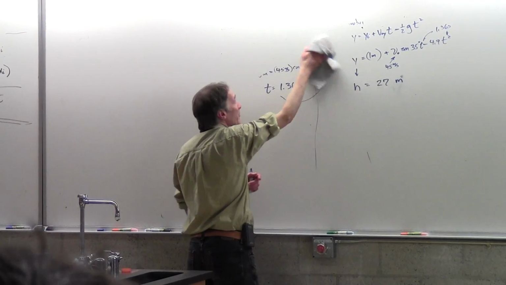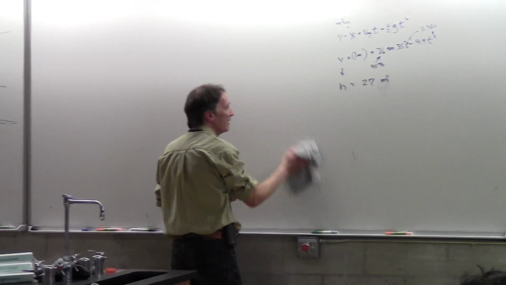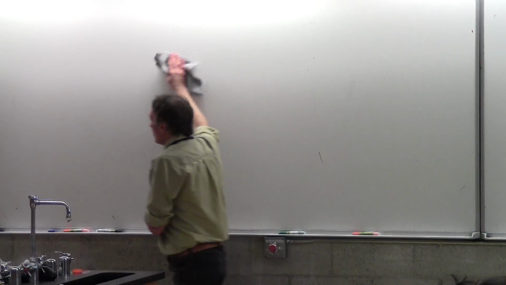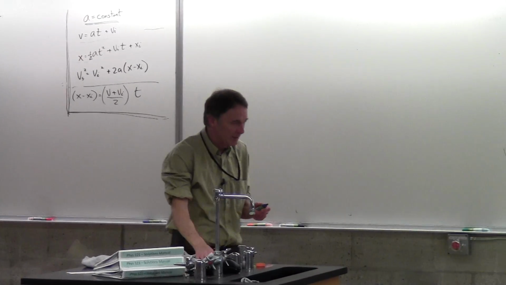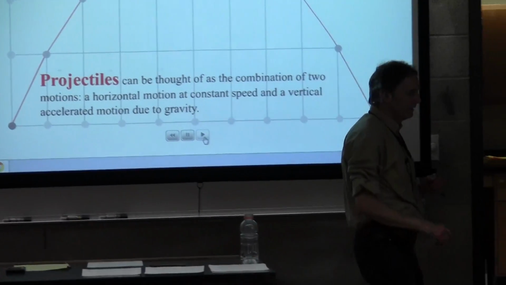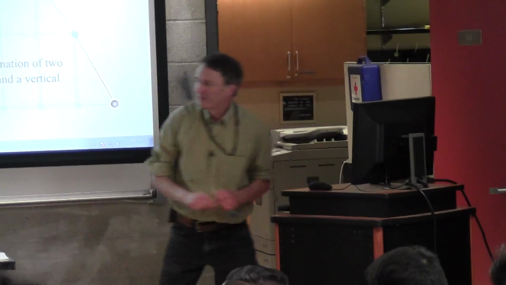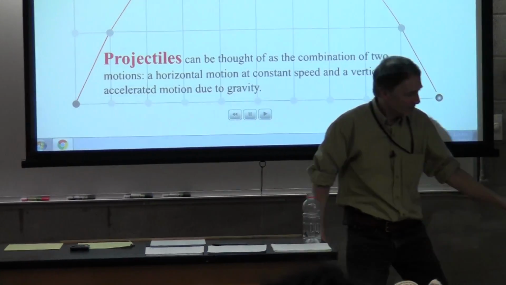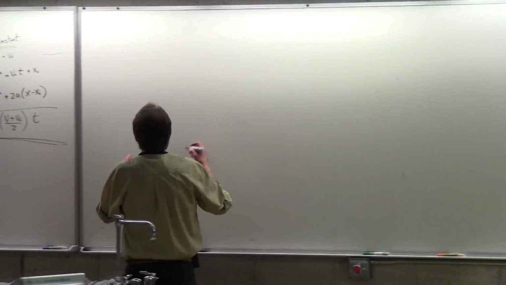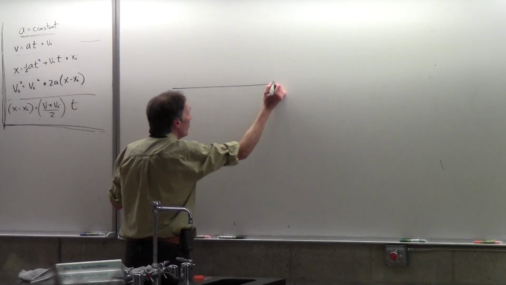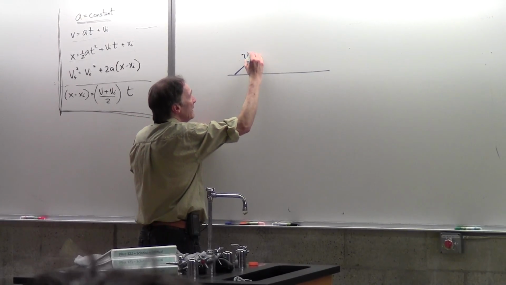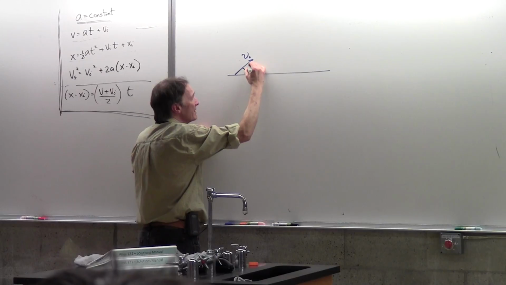Something they use quite a bit in some of the homework problems, and I get people not sure what's going on with this. They'll use the range equation, and the idea of that is if we've got, let's say, level ground, and you're going to fire a projectile from the ground with some v initial, and we're going to fire it at some angle.